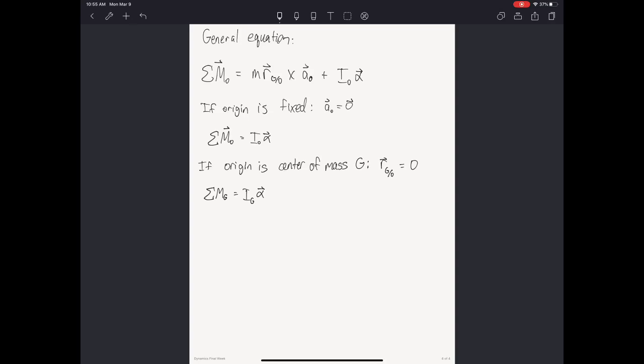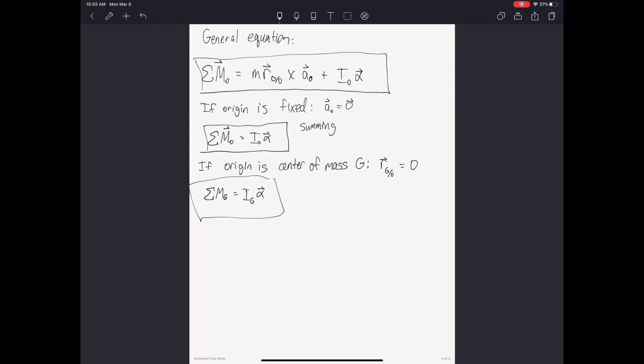These are our 3 versions of the equation. There's this one, which you use in general when you're summing the moments about just some point. There's this one, when you are summing the moment about a fixed point. And this one, when you're summing the moment about the center of gravity.